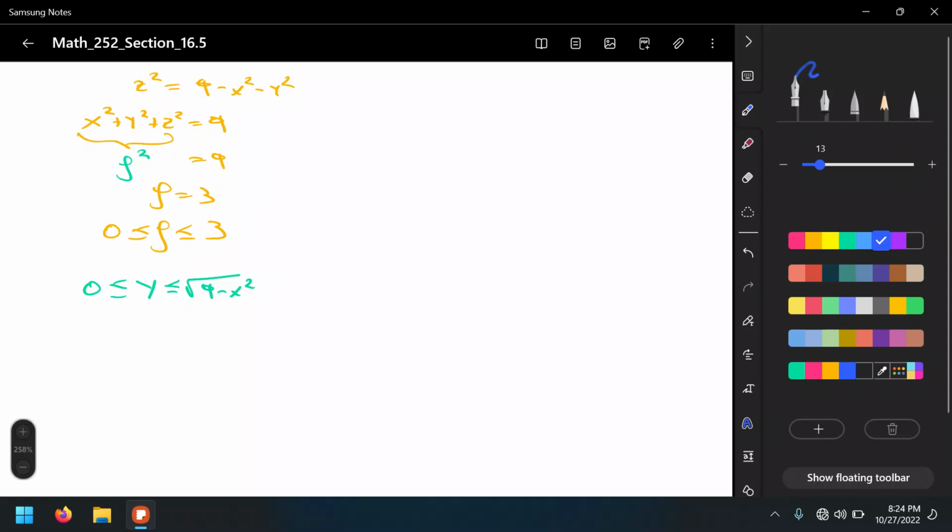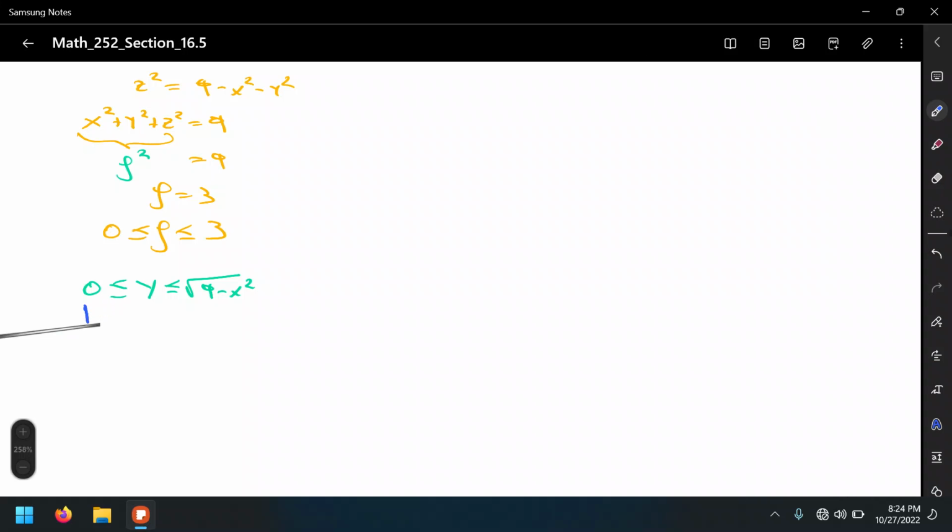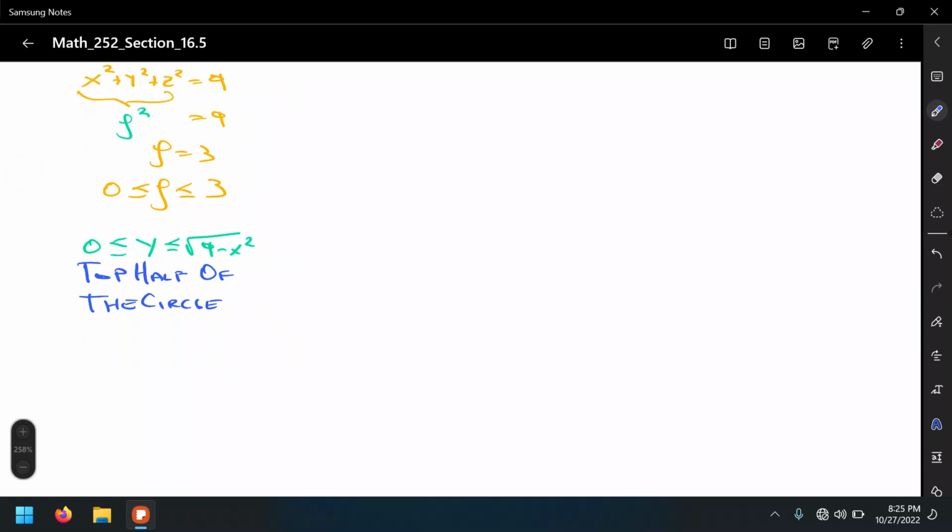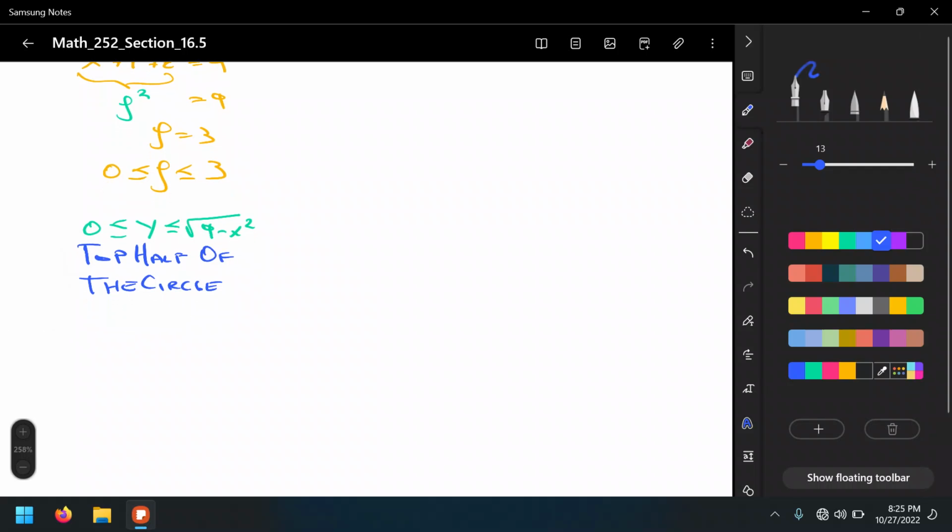So let's write that down. That's the top half of the circle. This thing about a circle shouldn't be a surprise, because the circle is the projection of the sphere in the xy plane, just to keep checking for consistency with what we're doing. That means we get the upper semicircle of radius 3.